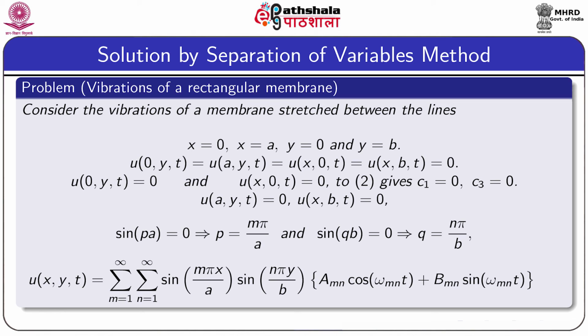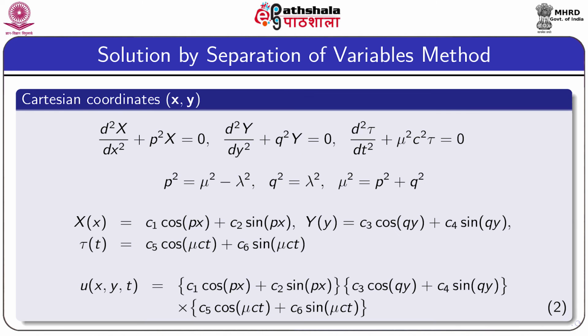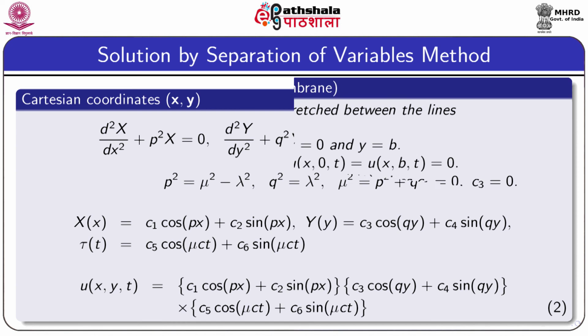Now, if we apply the condition u(0, y, t) equals 0 in the solution written in equation number 2, so here if we put x equals 0, we get C1 equals 0.